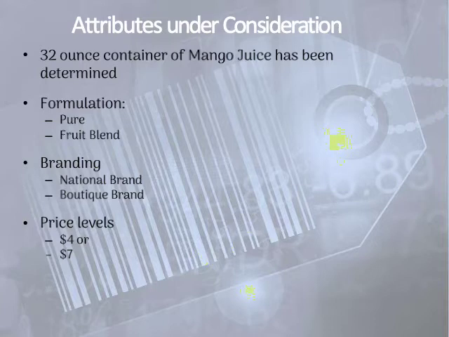Kanang second is the branding. Is it going to be offered on a national brand or the premium niche or boutique brand? And of course, the third one is the price. How much would you price it in the market? Is it for $4 or $7?